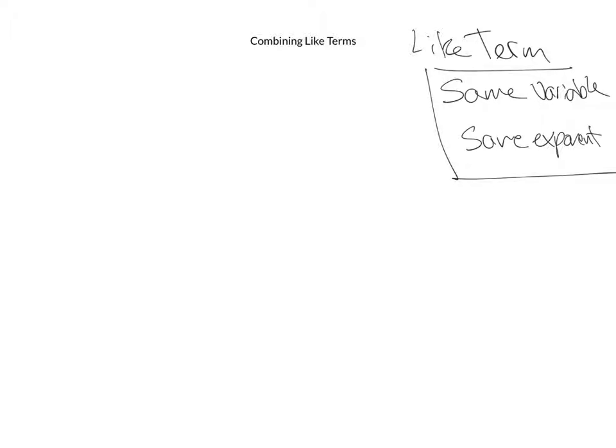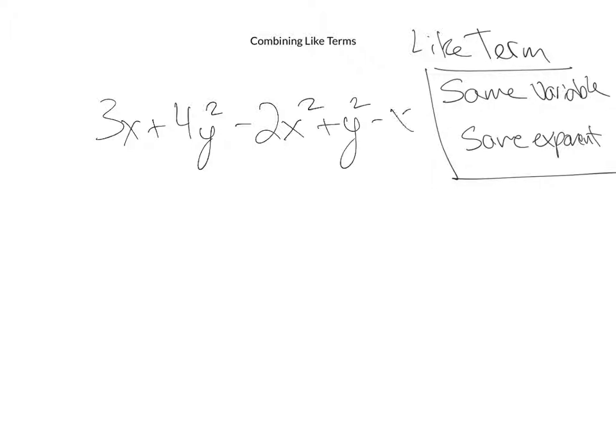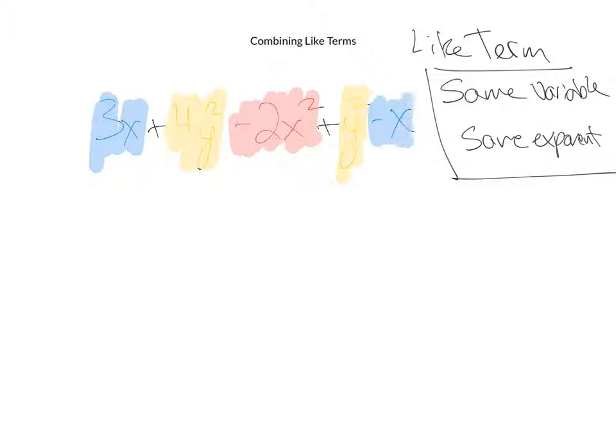So here we have an algebraic expression, 3x plus 4y squared minus 2x squared plus y squared minus x. Okay, and I'm going to go ahead and highlight which ones are like and which ones are not. So 4y squared is like with y squared, and negative 2x squared is not like with anything, and 3x is like with negative x.